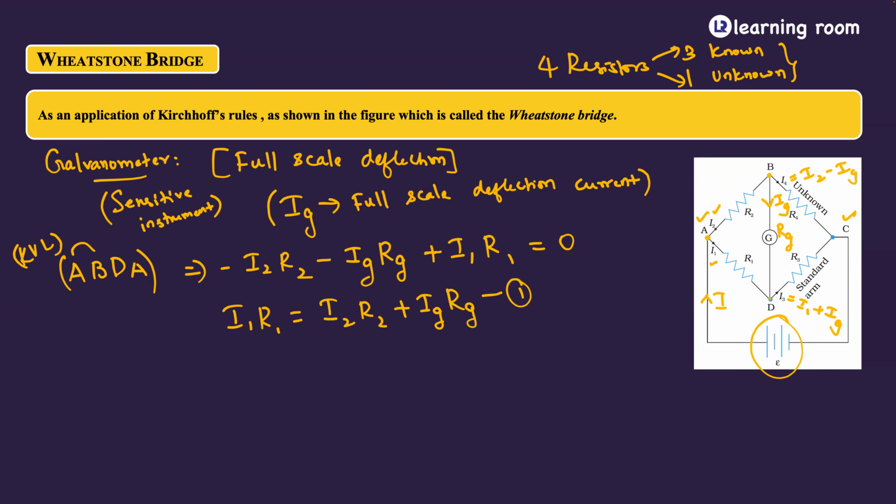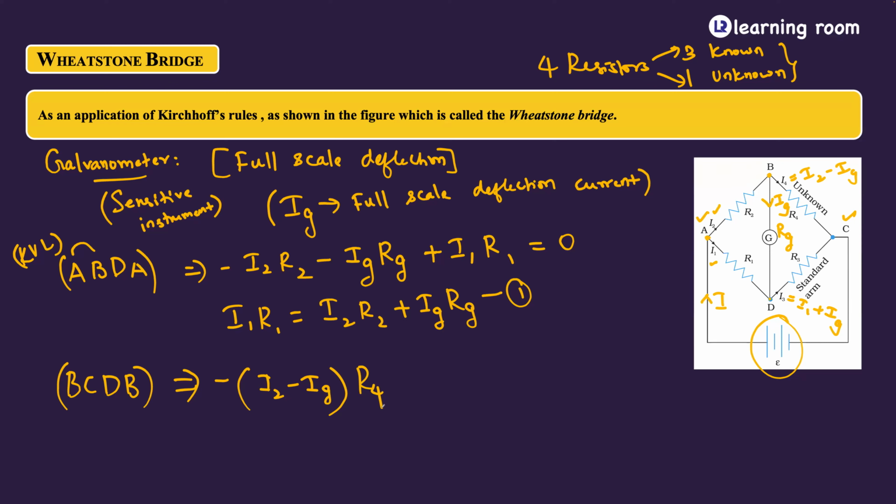Now, if I take the loop BCDB, observe, this indicates when you go from B to C, the potential drop is going to be negative of I2 minus Ig into R4.